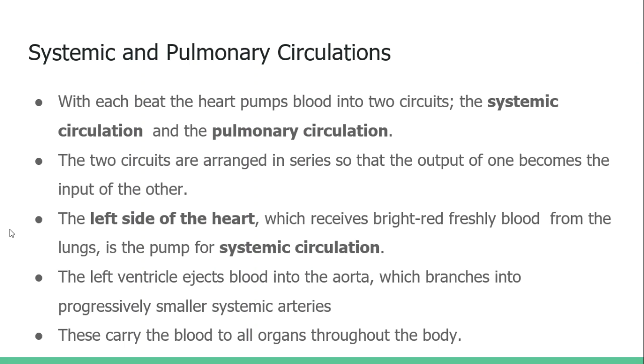The left side of the heart, which receives bright red fresh blood from the lungs, is the pump for the systemic circulation. The left ventricle ejects blood into the aorta, which branches into progressively smaller systemic arteries, and these carry blood to all organs throughout the body.